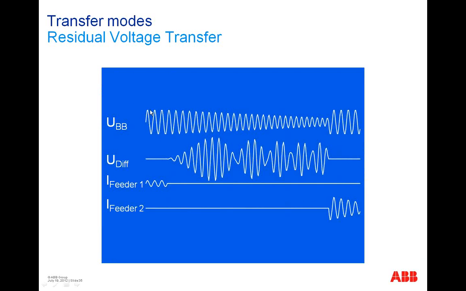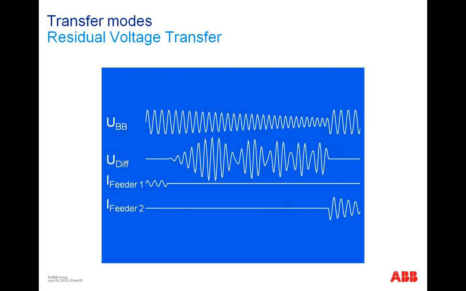The bus bar is isolated, the voltage is declining, but the differential voltage between bus bar and standby feeder is not calculatable. So it makes steps, the phase angle goes faster, goes slower, goes faster, and a prediction of this phase angle is not possible.